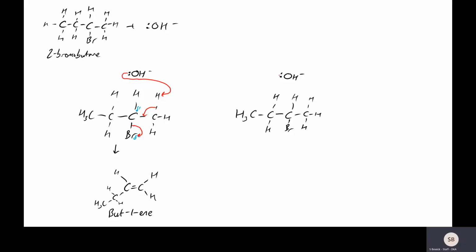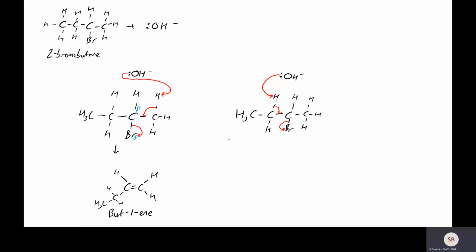So let's say we attack a hydrogen that was attached to carbon number 3, this one here. Again, it's a perfectly acceptable one to do because it's on a carbon next to the one that has the halogen on. So again, we go from the carbon-hydrogen bond to the carbon-carbon bond, and then we're going to break the carbon-halogen bond there.